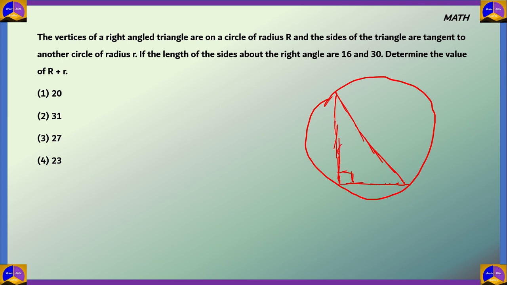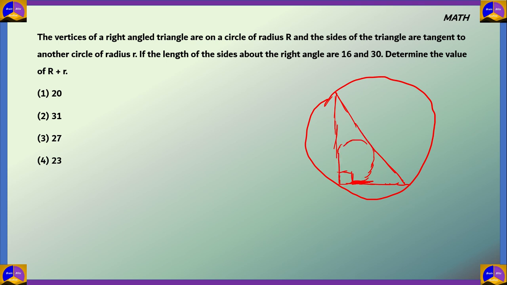This means that another circle is drawn inside the triangle. In here we can see that this side is a tangent, this side is a tangent, and this side is also a tangent. Tangent means the line which meets the circle at only one point. And let me just draw it a bit more clear.